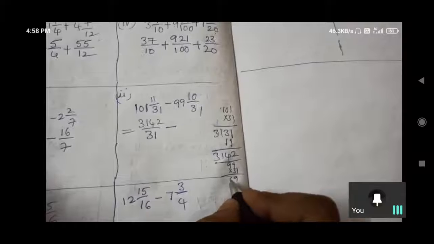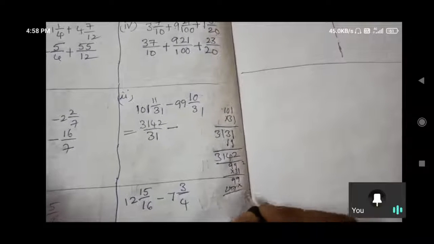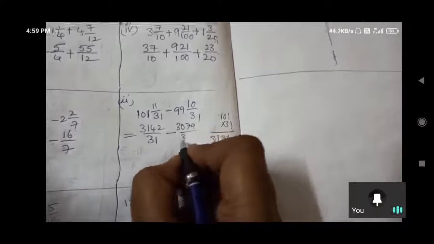So 99, 3 sevens are 27, 27 plus 2, 29, 9, 16, 10. 3069 plus 10, 3079 by 31 we should do.